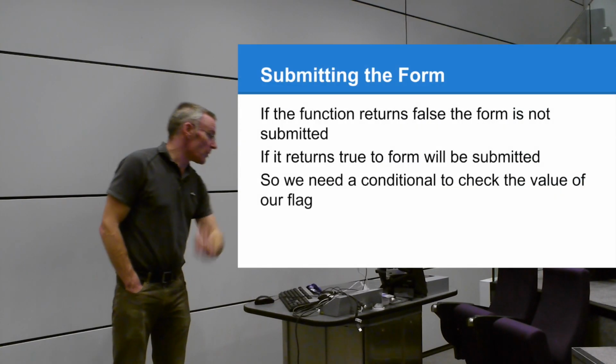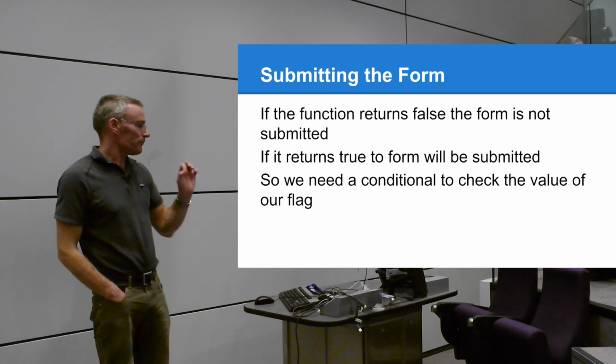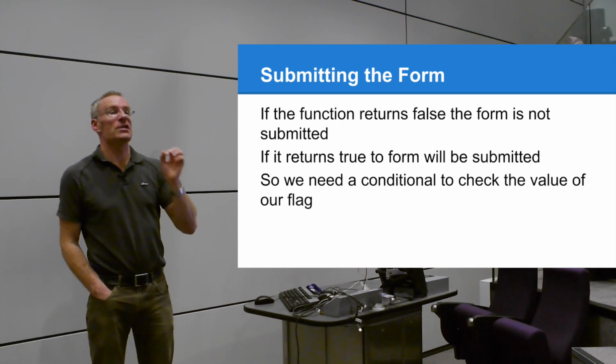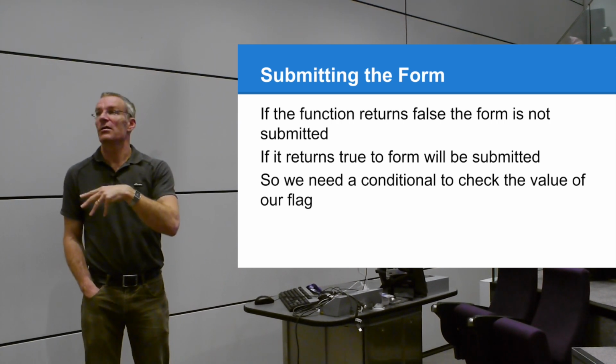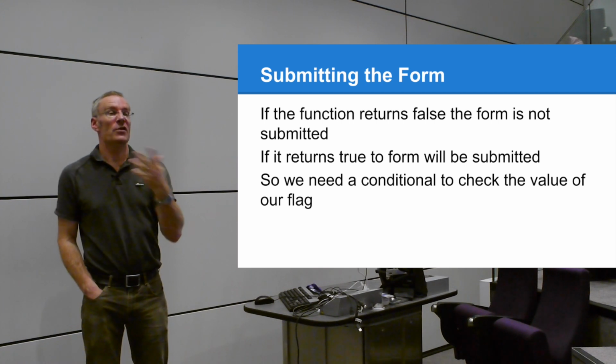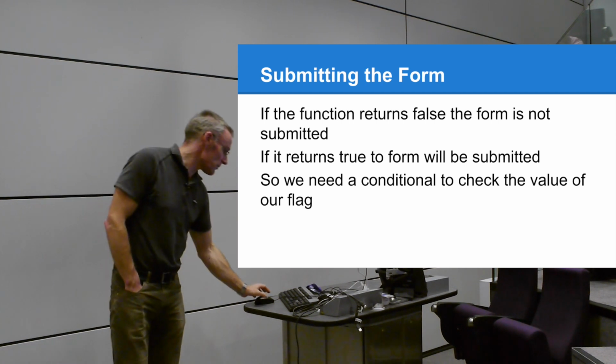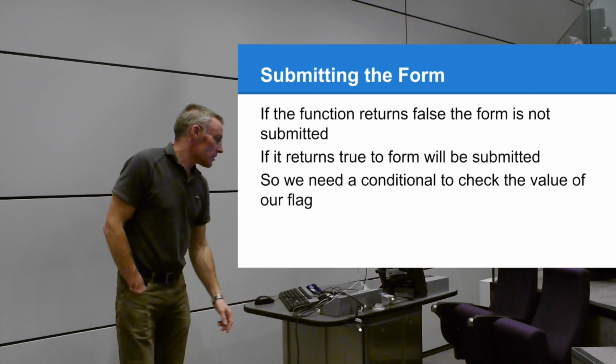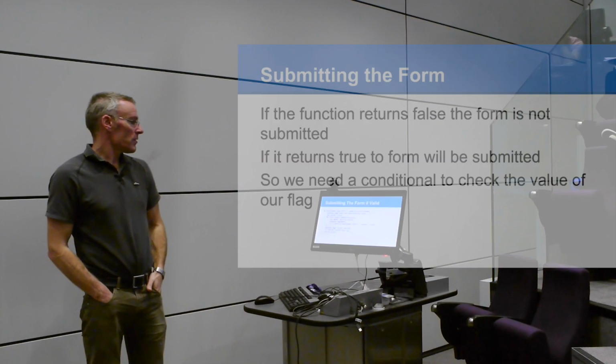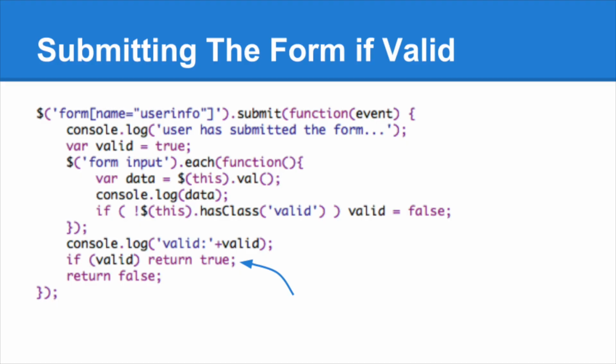And of course, the final job to do is if the flag is still true, we return the form. If it's not true, we return false. So, if valid, return true. Yeah?